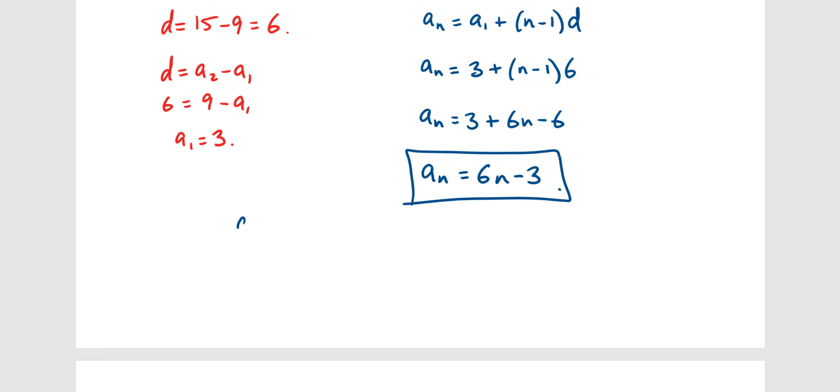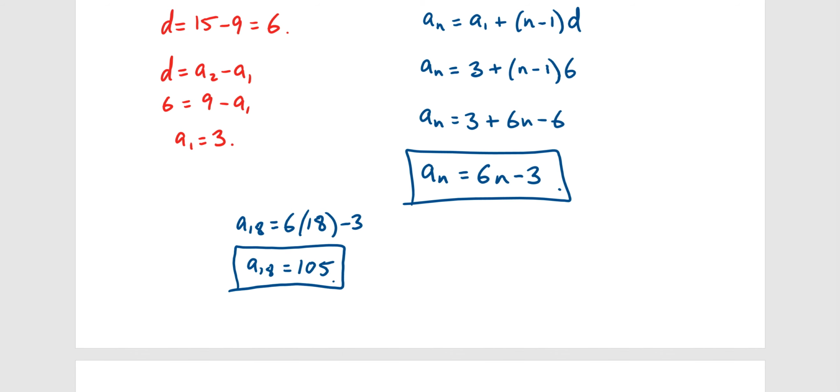So let's just use the simplified version this time. It looks a little bit easier. We plug in an 18, and we do 6 times 18 minus 3, and we should end up getting 105. So the 18th term in this sequence is 105.